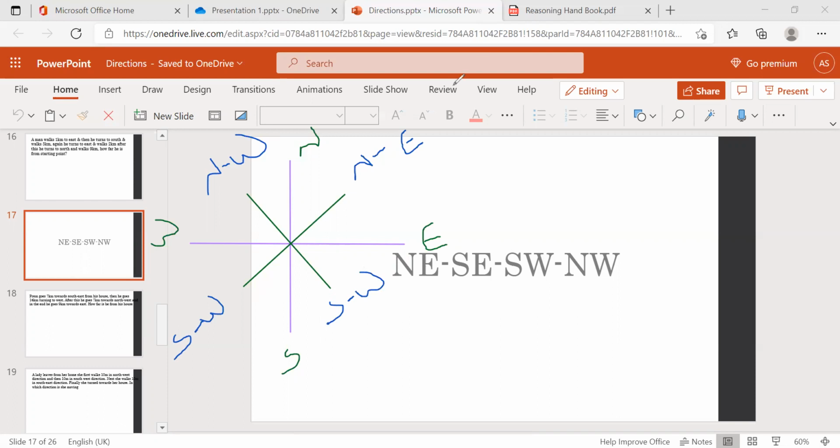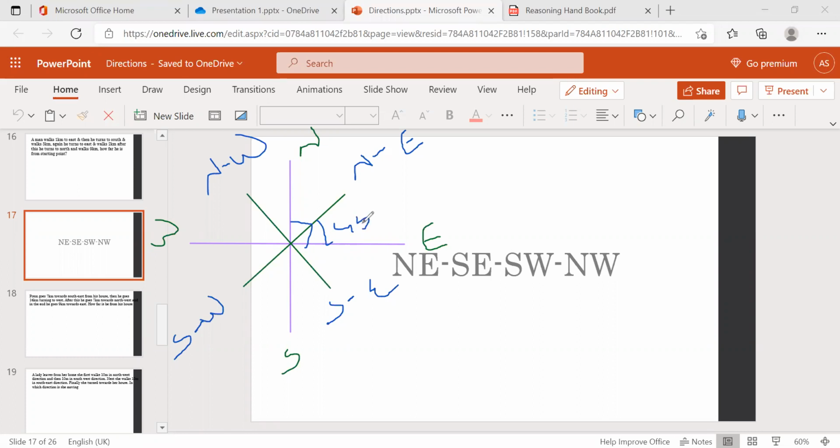This is an important thing: in the middle of north and east is northeast, in the middle of west and north is northwest, in the middle of west and south is southwest, in the middle of south and east is southeast. Here this angle is a total of 90, and this angle is 45.